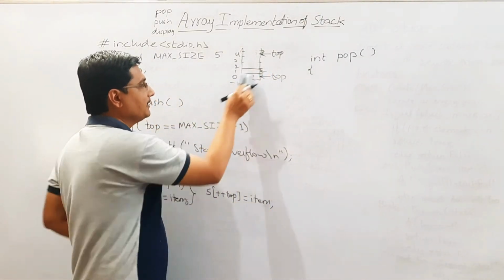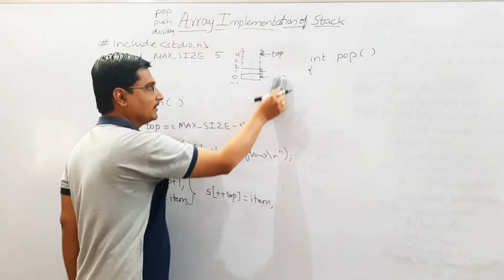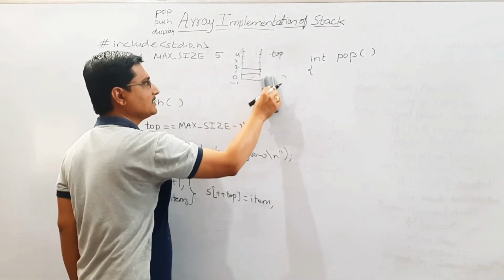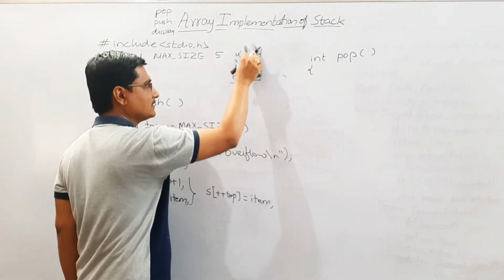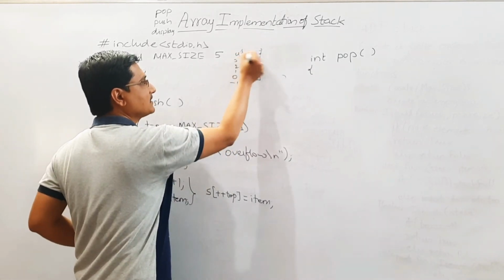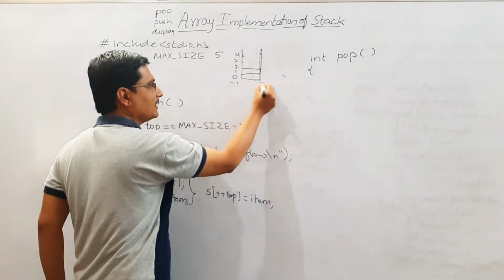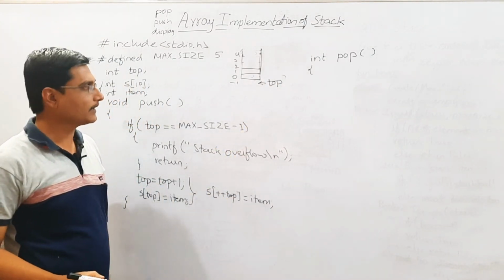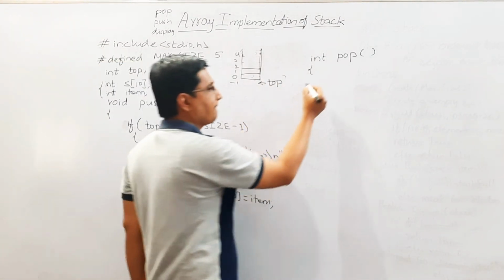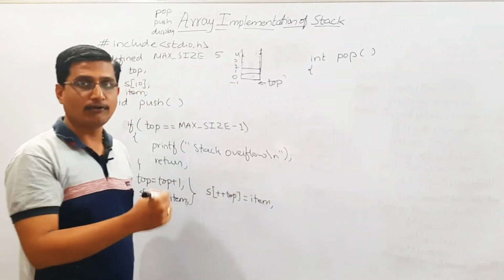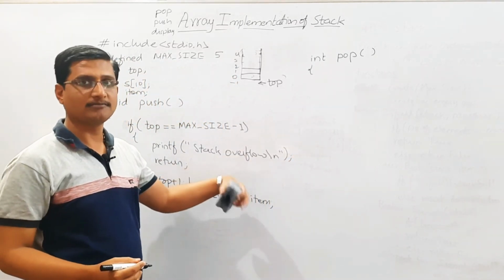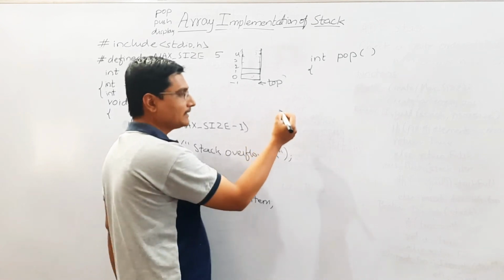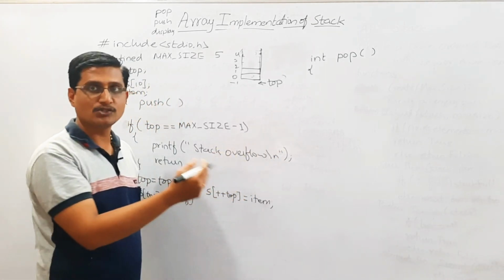Assume there are no elements in the stack; then I cannot pop anything. Top will be pointing to the -1th location. So I need to check that. That is the underflow condition. Before popping an element from the stack, I have to check whether there are elements to pop or not.